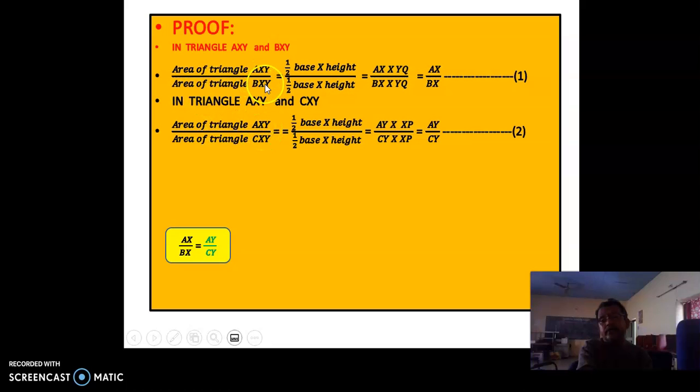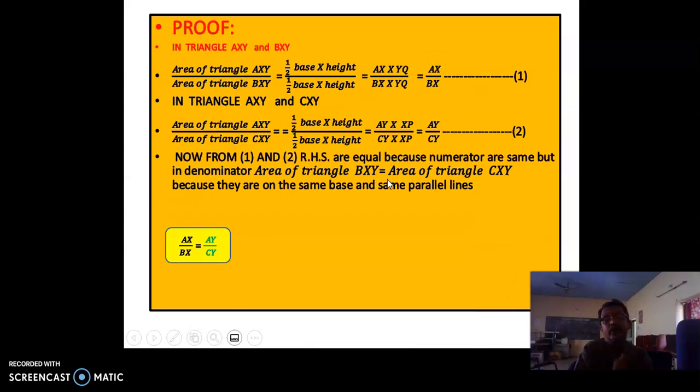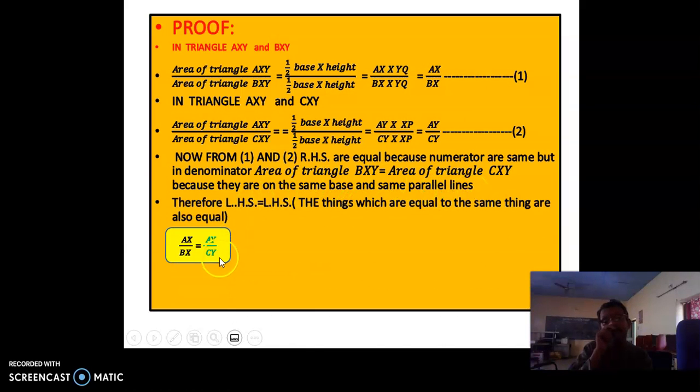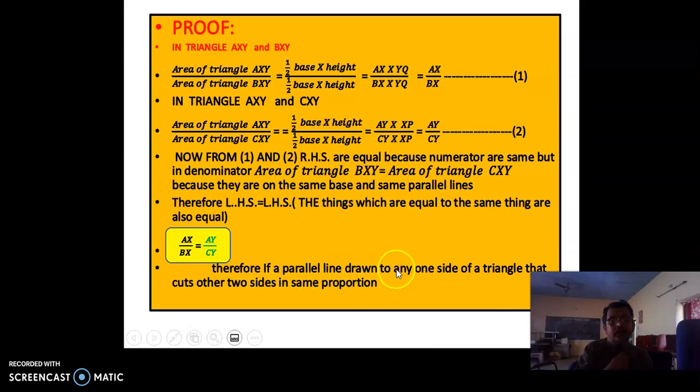Area of BXY and area of CXY are on the same base and in between the same parallel lines, therefore these areas are also equal. Therefore the LHS is equal, therefore the RHS is also equal. From 1 and 2, the things which are equal to the same thing are also equal. So we get AX by BX equal to AY by CY. Hence the theorem: if a parallel is drawn to any one side of a triangle, it cuts the other two sides in the same proportion. This is the Thales theorem.